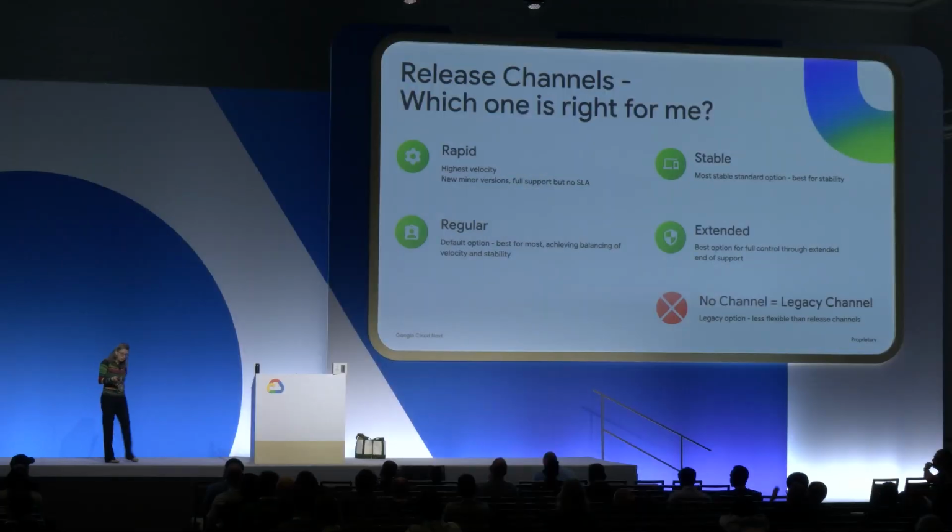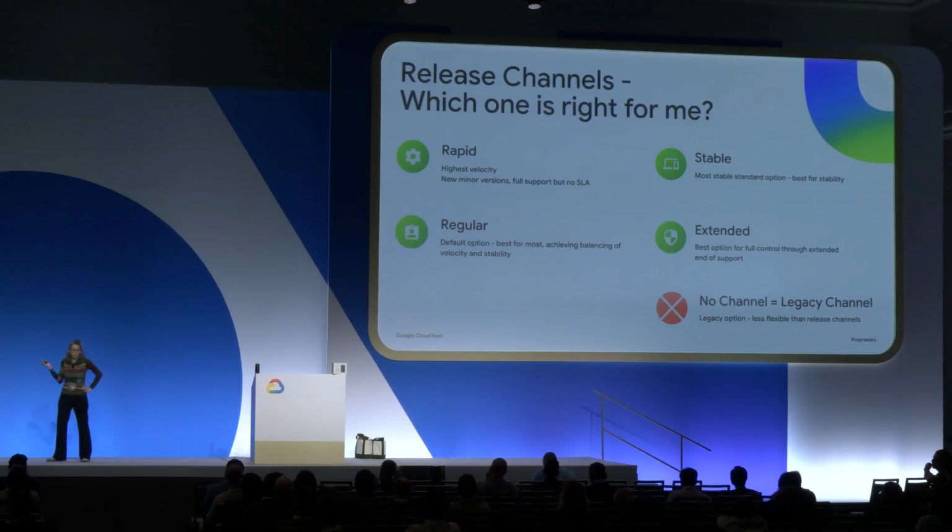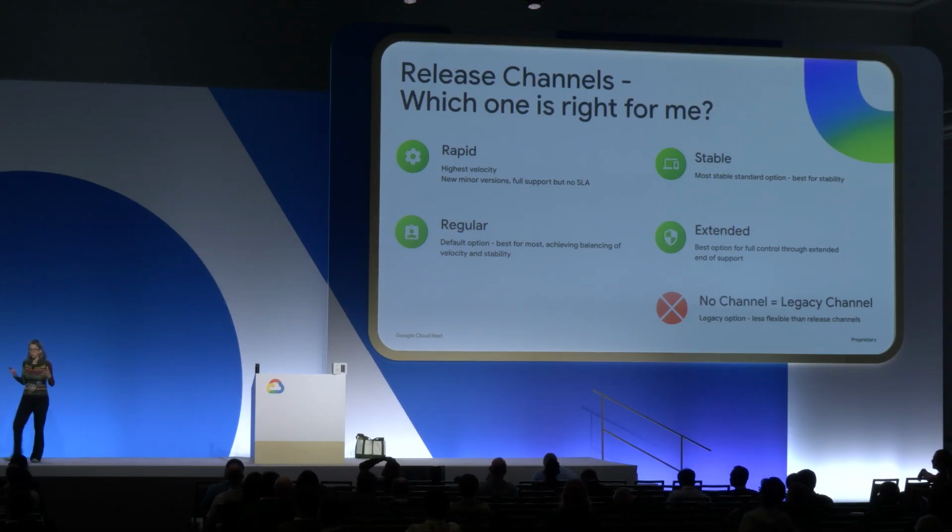And then extended is a mix of regular and stable, where you get extended support. So if you want to opt in to extended support, you go to the extended channel temporarily, or you can actually stay there so that you get more flexibility and more control, specifically around end of support policies.